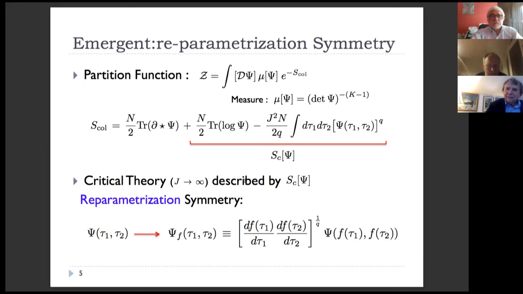Besides the scale and conformal symmetry, there is a larger symmetry, the reparameterization of time. So there is a Virasoro symmetry of reparametrizing time. As described, it turns out that this trace log, which is a non-trivial quantum effect, and this quartic interaction are both invariant under this space-time reparameterization. So in a way, this feature, which was first mentioned by Kitaev, is the secret of why this model has attracted so much interest.